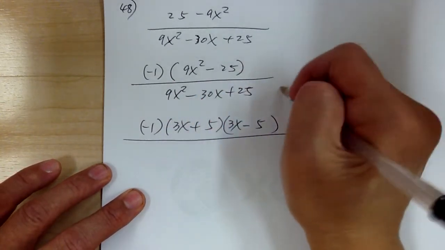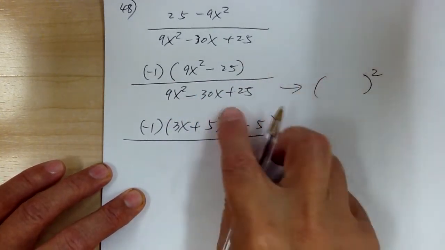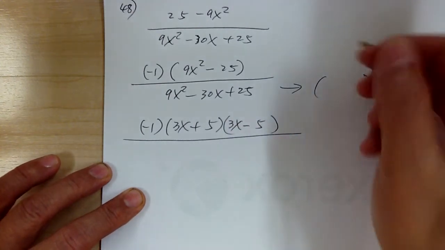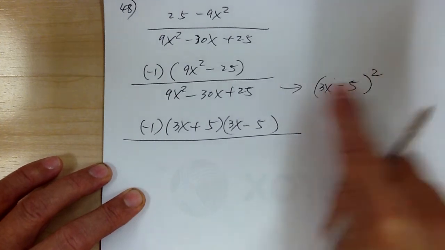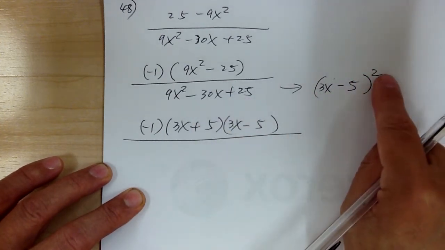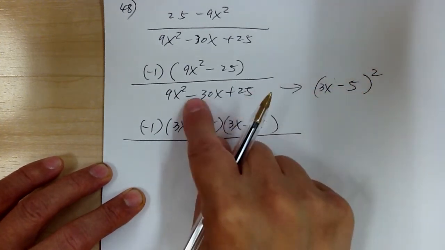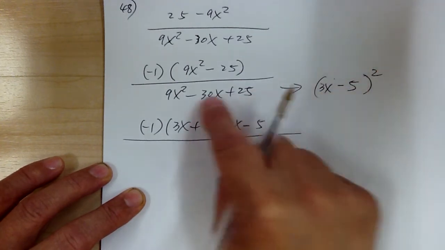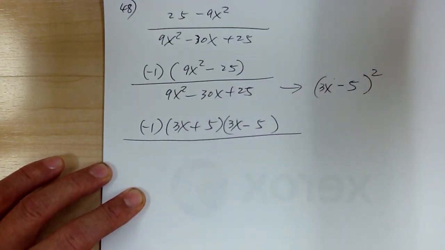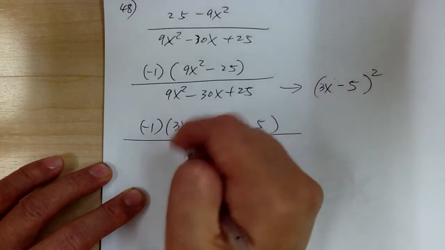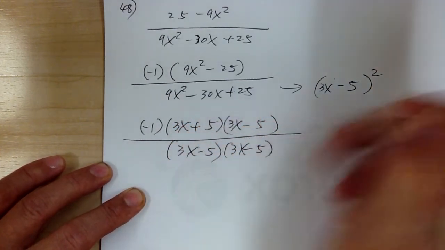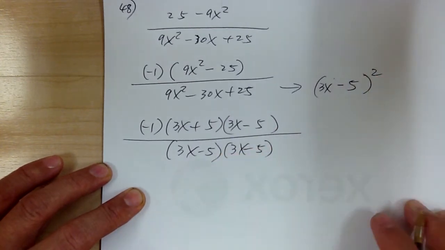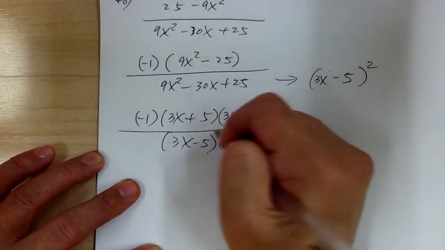So this is going to be 3x minus 5. And you can check: 2 times 5 is 10 times 3 is 30, so this is good. But because I want to cancel, I'm going to write it out. So I get 3x minus 5, 3x minus 5, because a square means you write it out twice, so I can cancel.